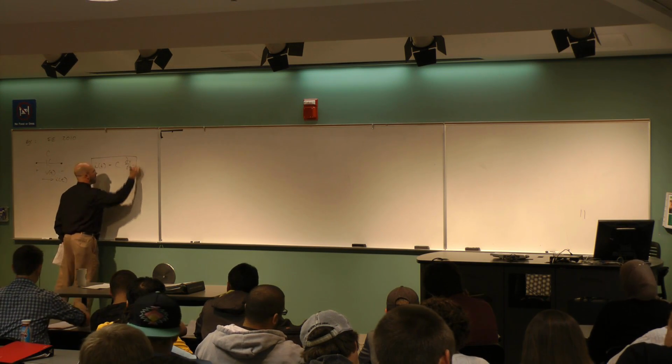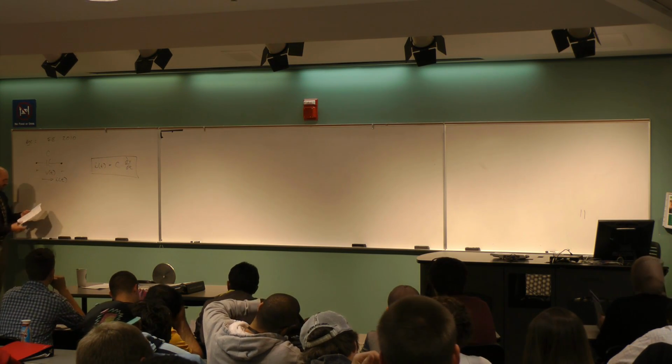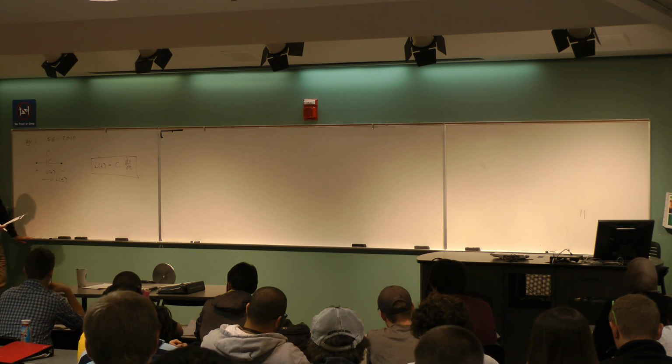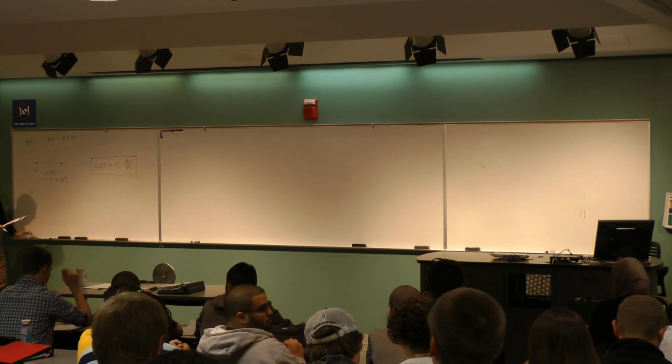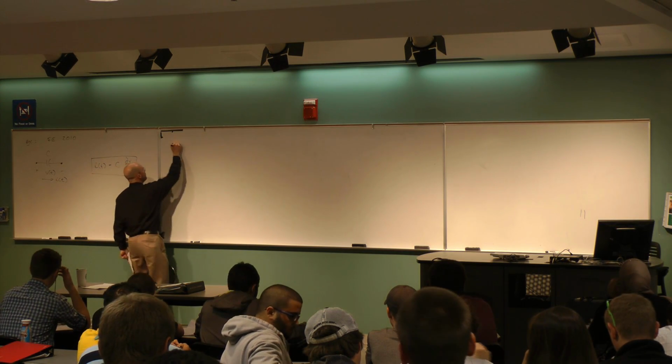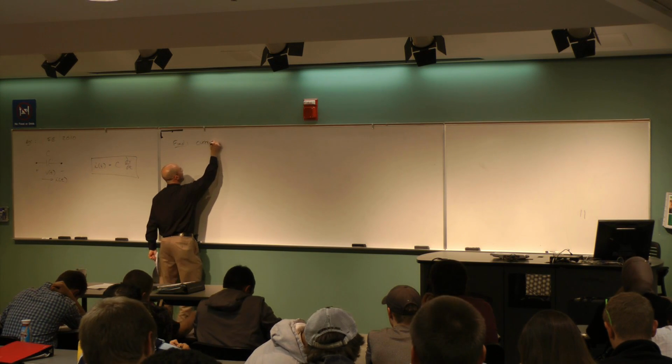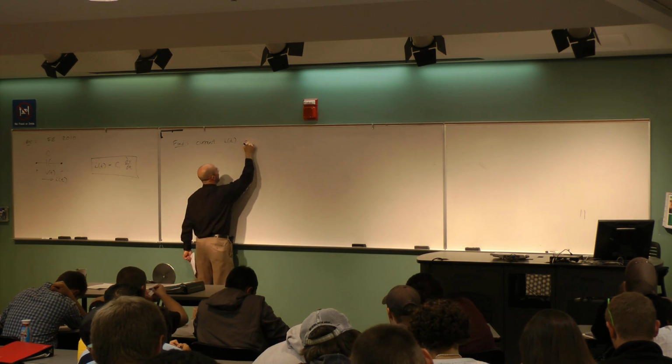The problem I'd like to work now is, given a certain voltage, see whether or not we can find the current. So let's find the current I of t, given the following.